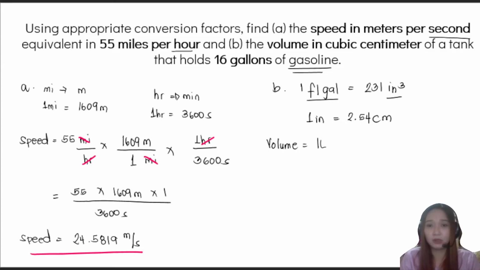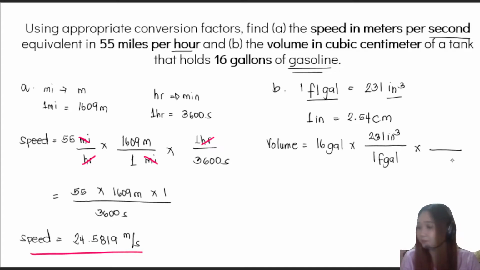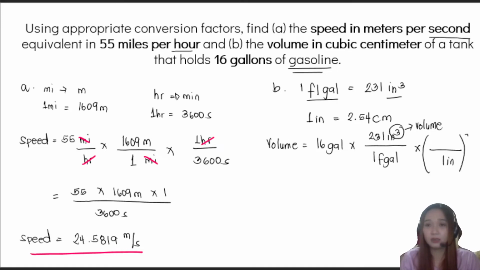Okay? So, for the volume, we again do the cancellation method. So, 16 gallons is our given, multiplied by, 1 fluid gallon needs to be at the bottom, and 231 cubic inches on top. We need the inch at the bottom, so 1 inch. Since we are talking about volume, we have to raise this term to 3. Okay?